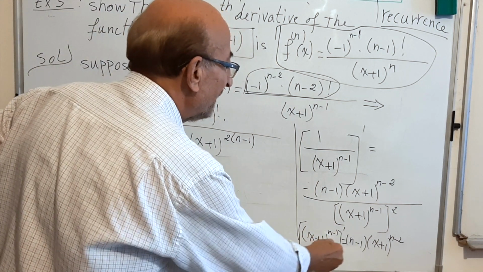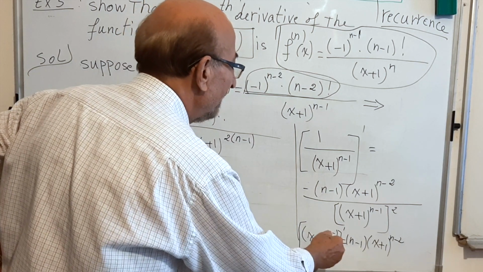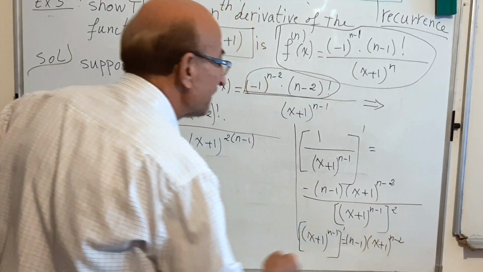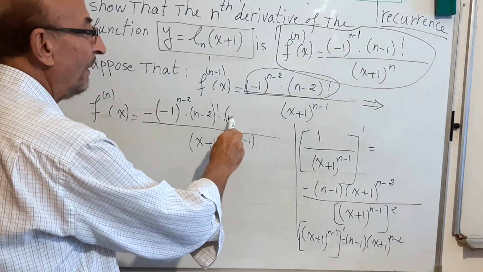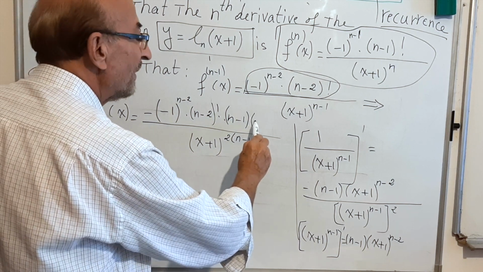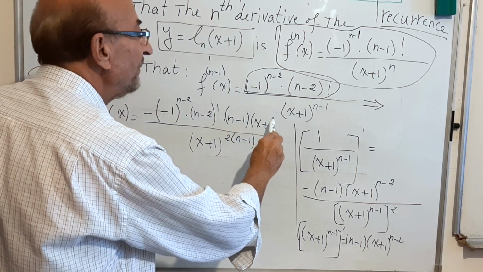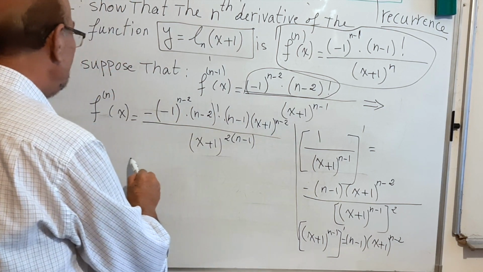The derivative is n minus 1 times x plus 1 to the power n minus 2.